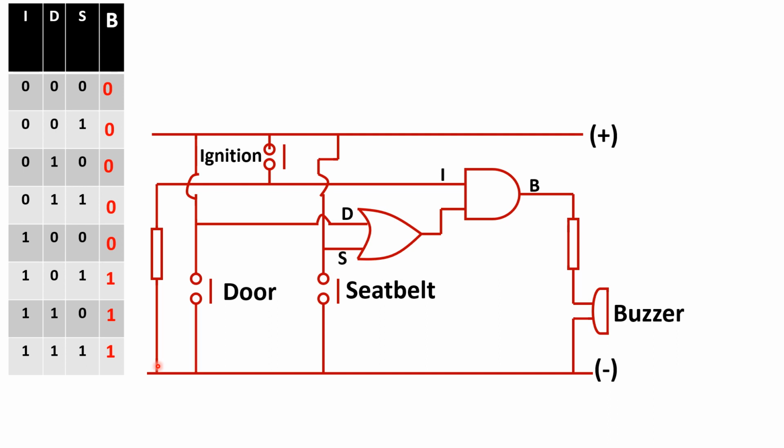So we've just completed our truth table. Looks like there are only 3 conditions for the output at point B to be at logic 1. In other words, these 3 conditions will tell us when the buzzer is going to produce sound.